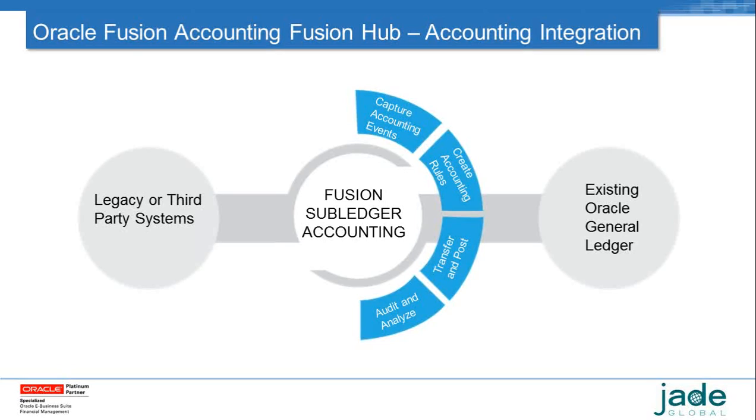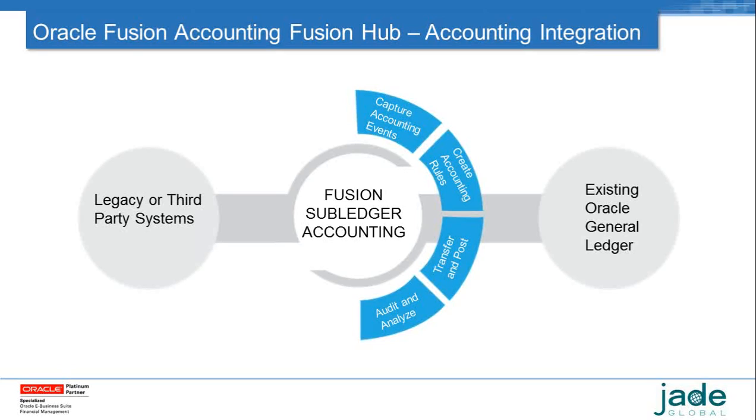It is a highly configurable and centralized rule engine that can transform transaction information from third-party systems to create accurate and auditable accounting entries to meet statutory, corporate, regulatory, and management reporting needs. So accounting integration performs accounting transformation to account for transactions from non-Oracle external systems.